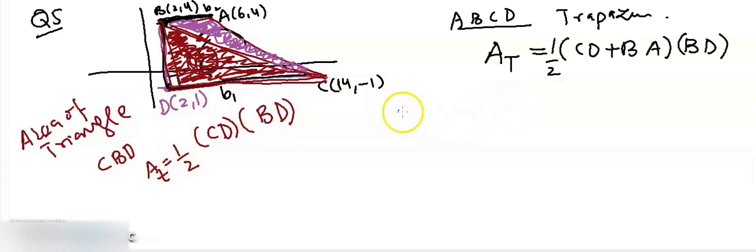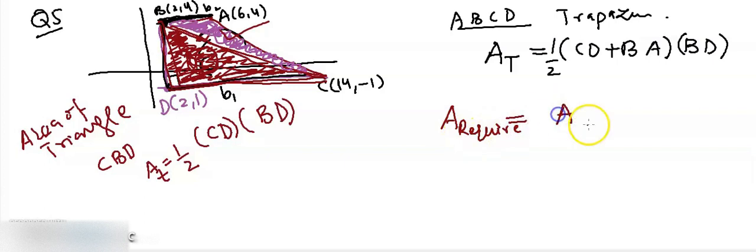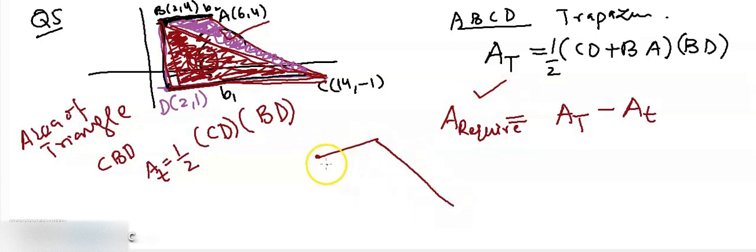So if I calculate this now, the required area is equal to the total area we calculated minus the area of triangle CBD. This way you will have the area that you required, and then finally it asks to calculate AF. Now since I have the area, I can treat BC as my base and AF as the height.